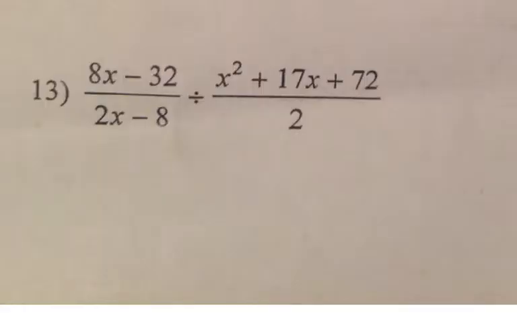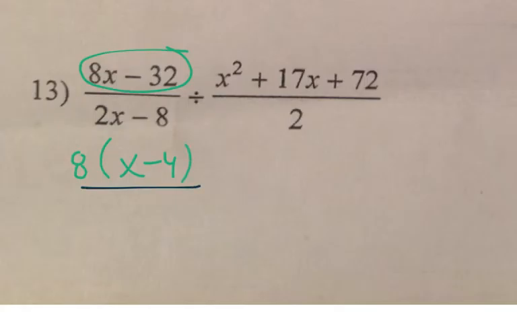Okay. Again, what's the first thing we're going to do? That's right, we're going to factor. So pause the video and factor this and see what you get. Okay. So did you take 8x minus 32 and recognize there was an 8 as a GCF?